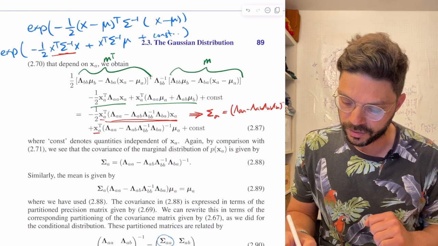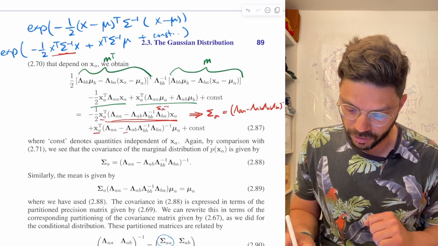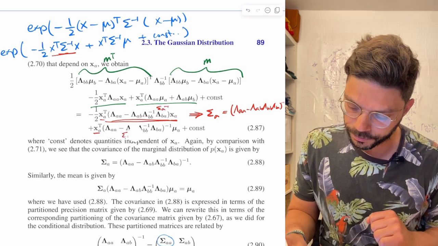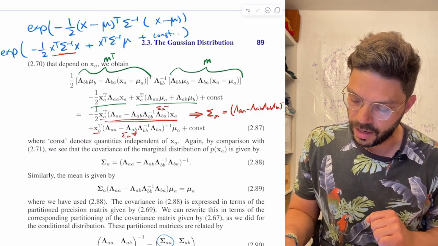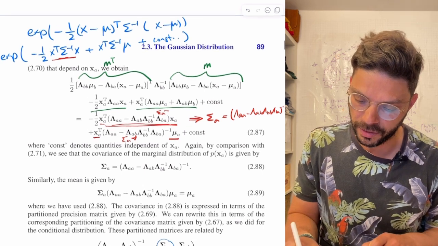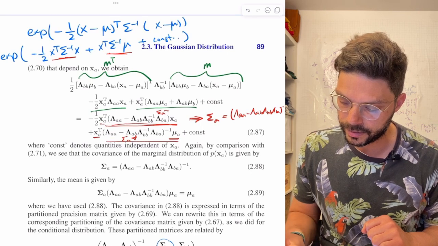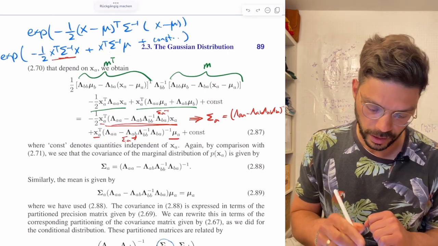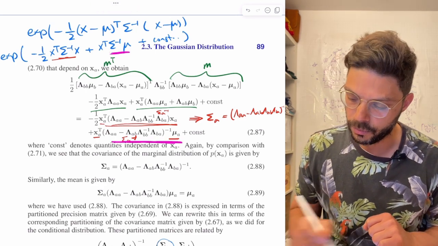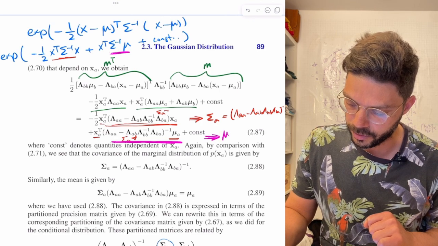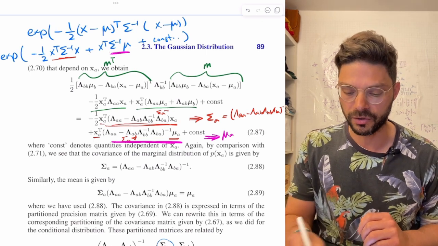And fortunately, it's also multiplying sigma a inverse times mu of a. So if we compare this with this, we can immediately guess that the mean of this distribution is mu of a, because of what it looks like.